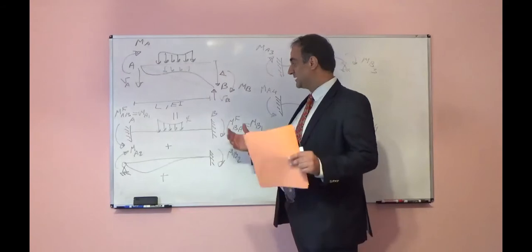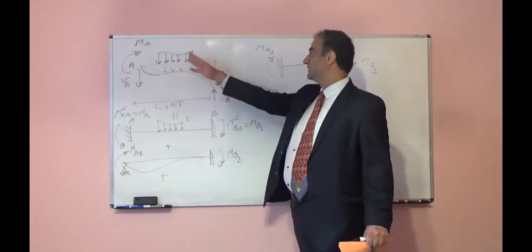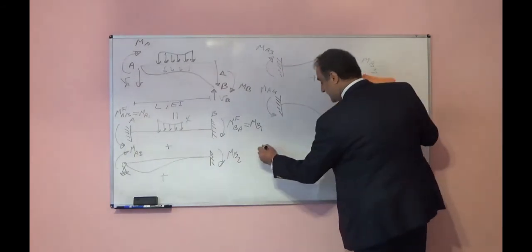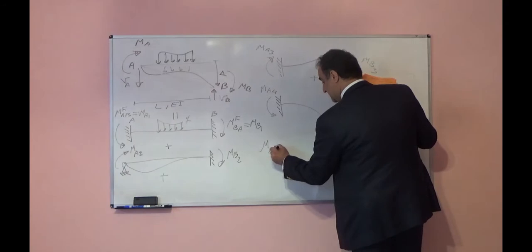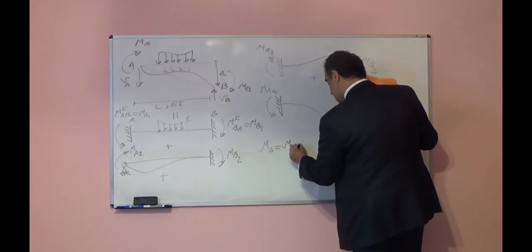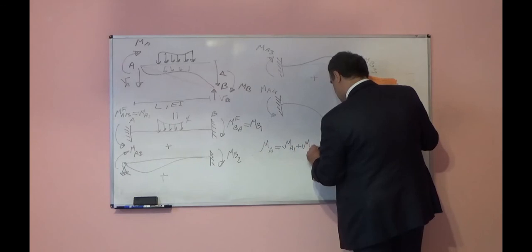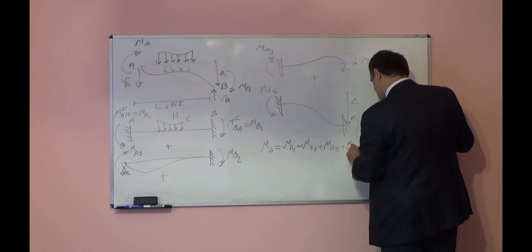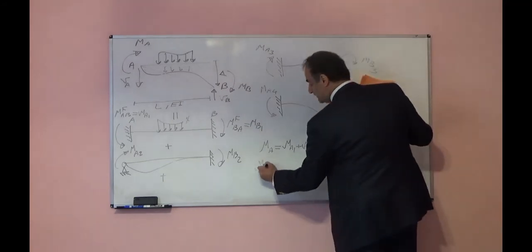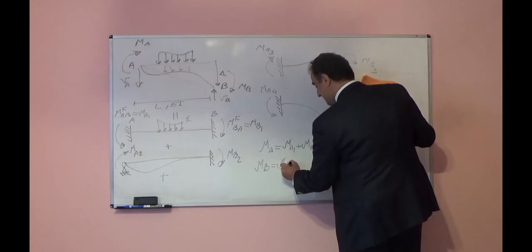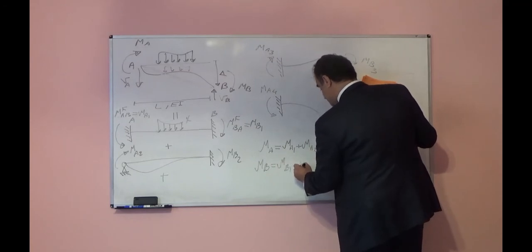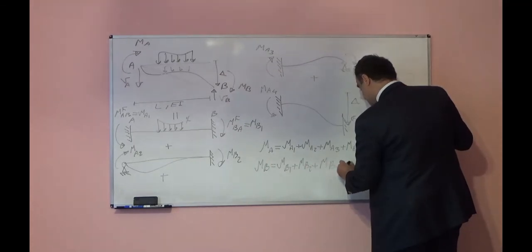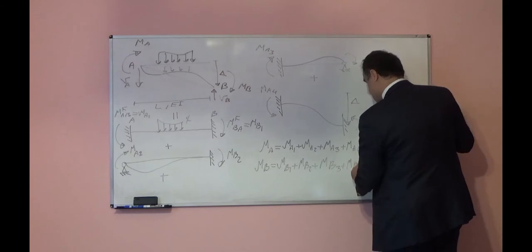In the most general case, we have lateral deflection, we have external load, and we have rotation in both ends. So I can write MA is equal to MA1 plus MA2 plus MA3 plus MA4, and MB will be equal to MB1 plus MB2 plus MB3 plus MB4.